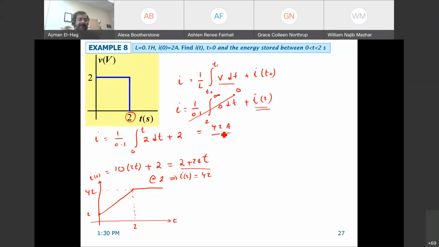Then it says here, find the energy stored. Now we just covered the formula for the energy. We said that the energy in the inductor is equal to 1/2 L i squared. Now here it is 1/2 L i(2) squared minus 1/2 L i(0) squared.